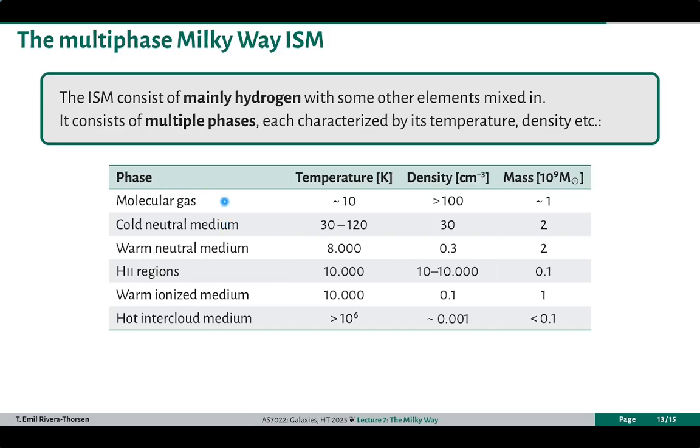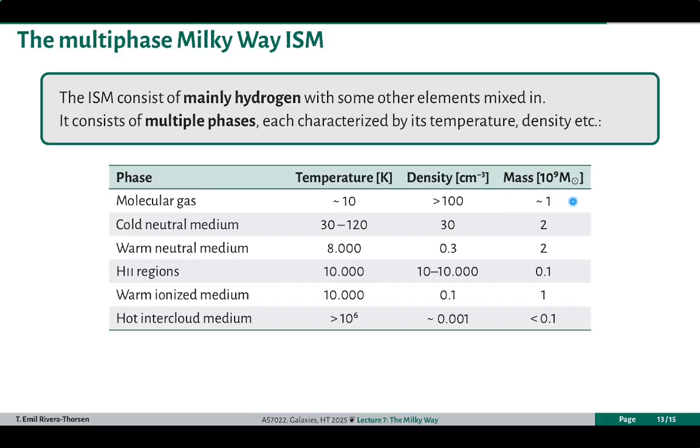The molecular gas we have talked about before is the coldest and densest gas, and these clouds are the main reservoirs from which the stars are forming. These typically have temperatures on the order of magnitude of 10 Kelvin. They're really, really cold. They have densities of more than 100 molecules per cubic centimeter, but the densest star forming of these clouds have densities that are yet even higher.